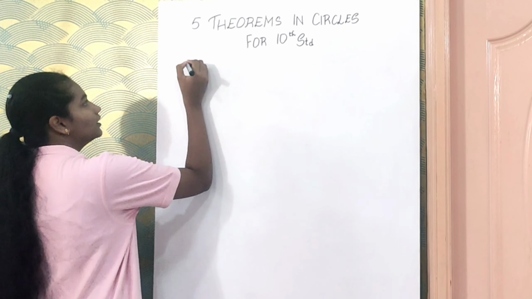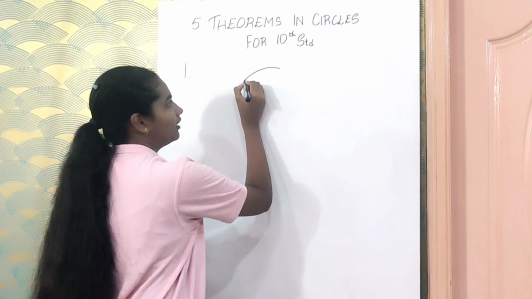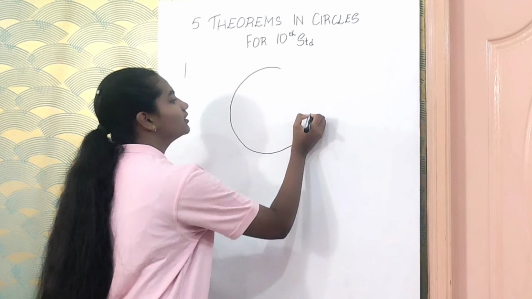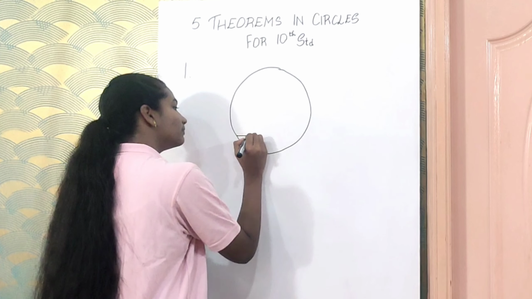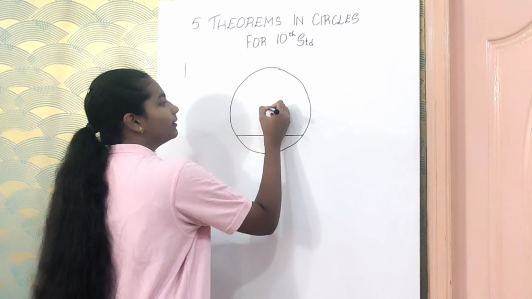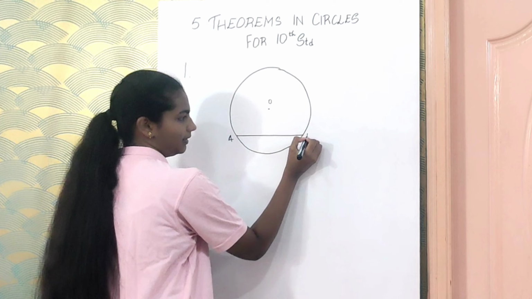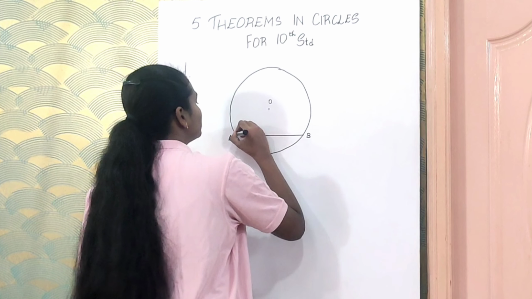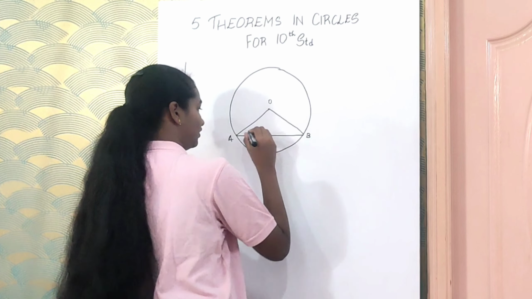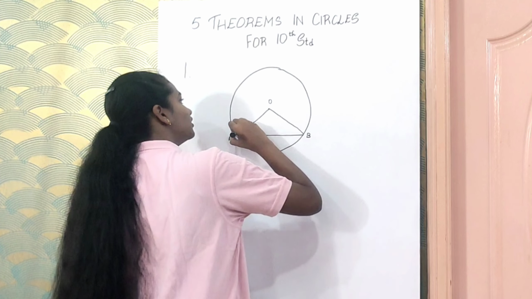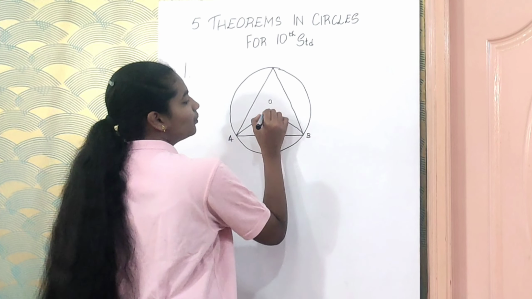So, the first theorem goes like this. Now what is this? This is a circle, right? Now let me take a chord again, and let me take a center O, and let me take this as AB chord, and I'll join this with the center. This becomes a triangle, right? Again I'll take another triangle over here. Now what is this angle?